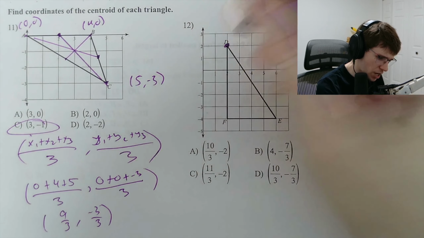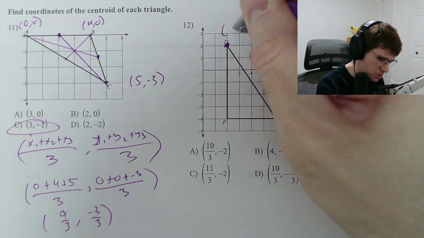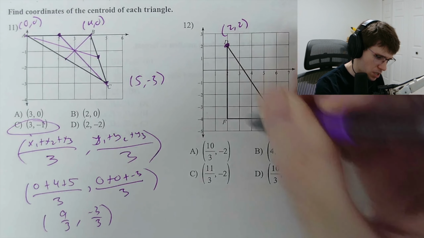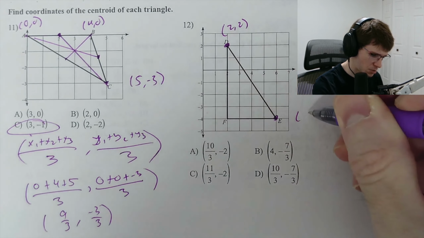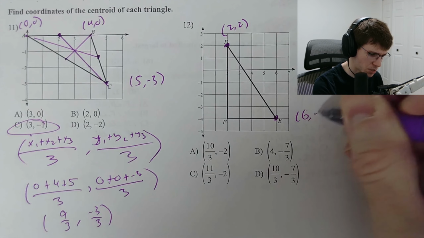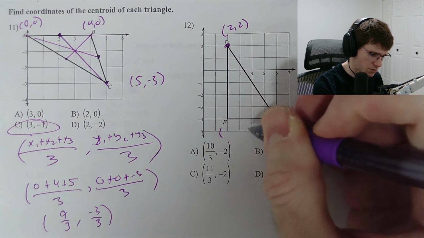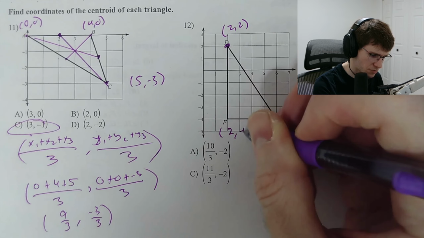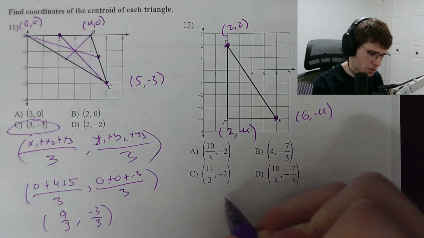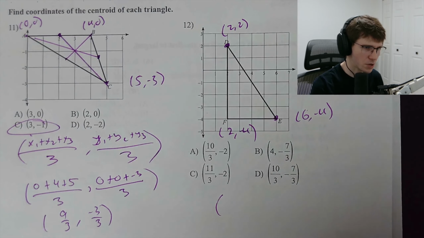So this dot up there, we're going to go ahead and mark that one down. That's going to be (2, 2). This one over here is going to be marked as (6, -4). And this one over here, we got a (2, -4) down there. We're just going to add all the x's together, then add all the y's together.